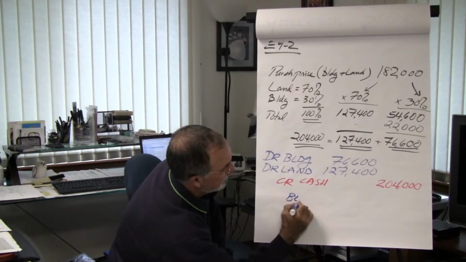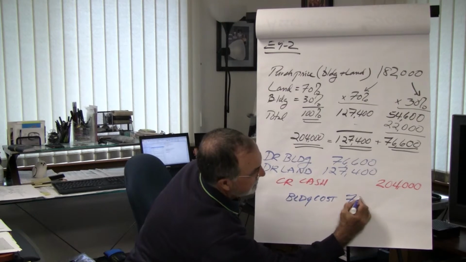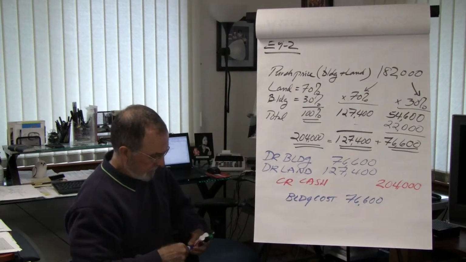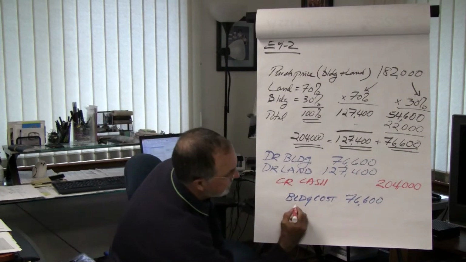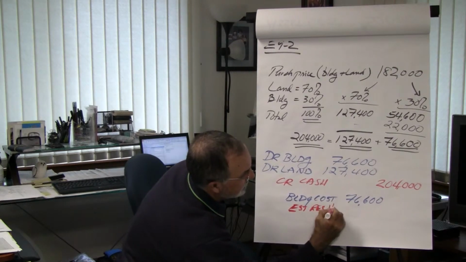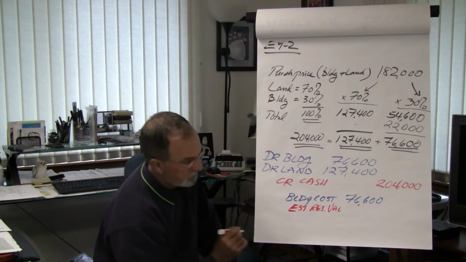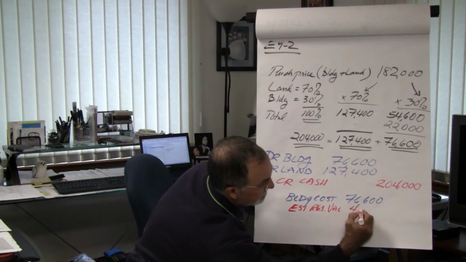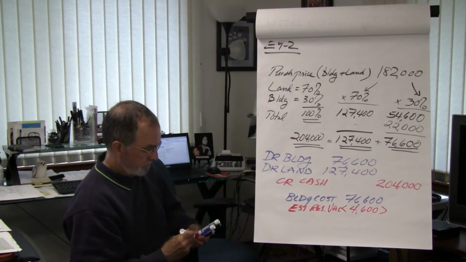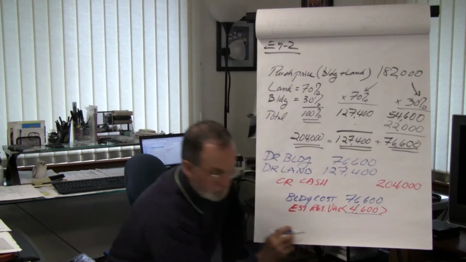And so we can do that calculation here. The building cost is 76.6, and the estimated residual value is $4,600. That's a reduction of cost.